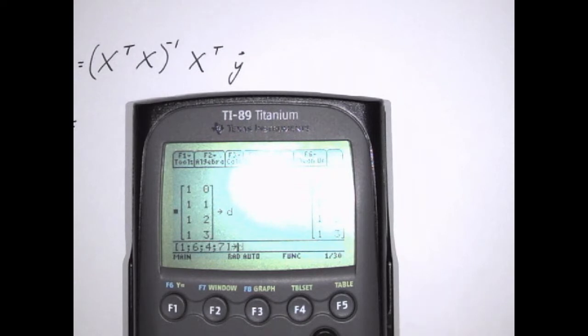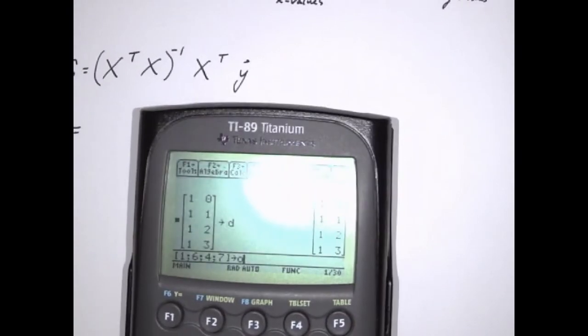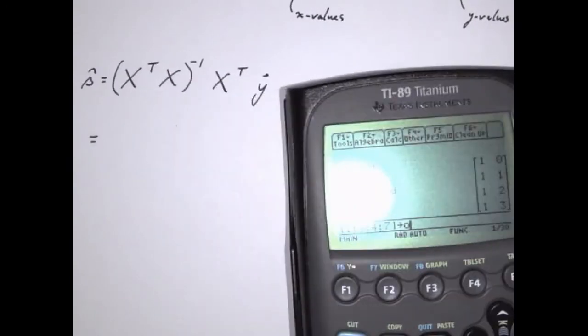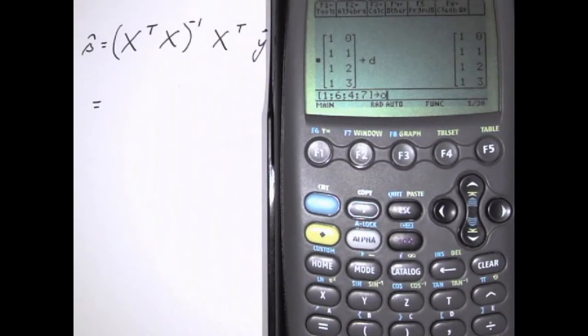And that I will be storing as alpha O. Figure out where I can move this so there's no glare. Okay, there. So there's that. Alright, and now all I need to do is calculate this according to the method there.